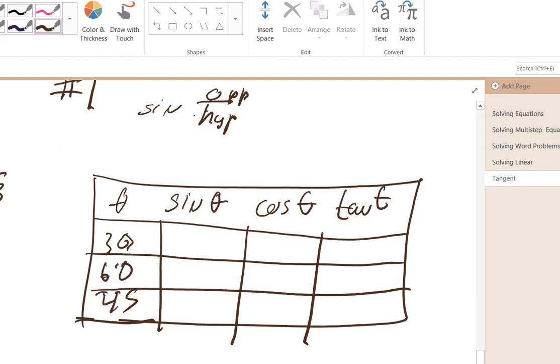So what's going to happen to these square roots of 3? They're going to cancel out. So this ratio is just going to be 1 over 2, because the square roots of 3 all go away. So that's that one, 1/2.